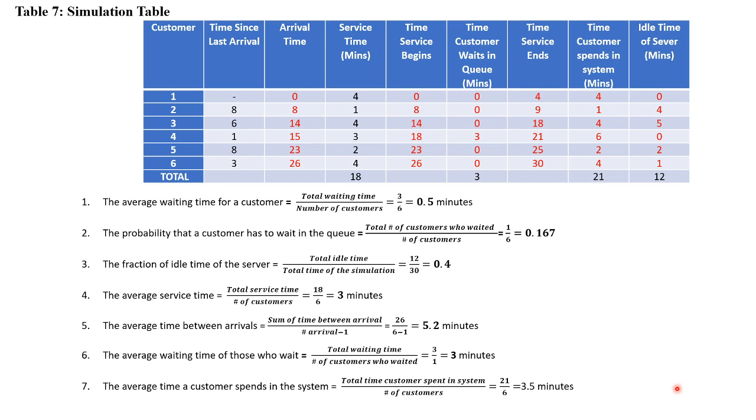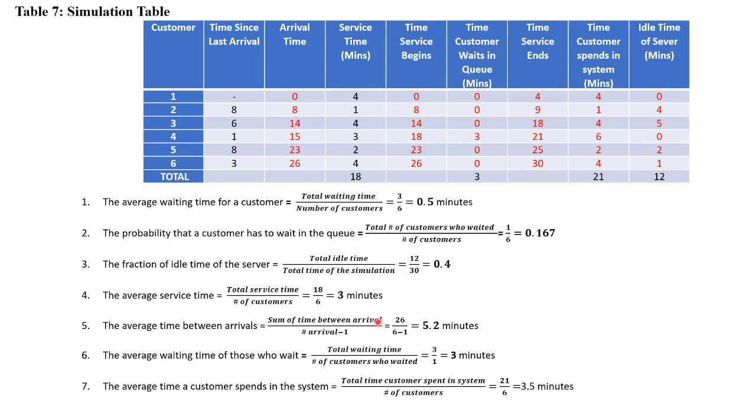We are going to determine the arrival time, the time service begins, the time the customer waits in the queue, the time service ends, the time the customer spends in the system, and also the idle time for the server. We need all this information to be able to correctly analyze the system.